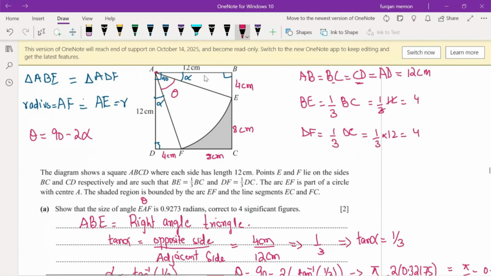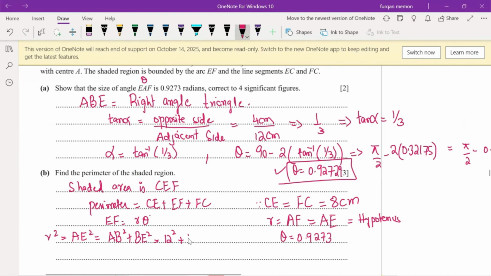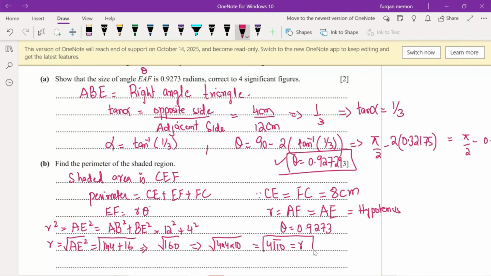AB is 12, so 12 square, plus BE, which is 4 centimeter, so 4 square. This will be equal to 144 plus 16. So we take the square root, so R is equal to root 160, and we can solve it further. It will be 4 times 10, which is 4 under root 10. So we have radius, which is 4 under root 10.